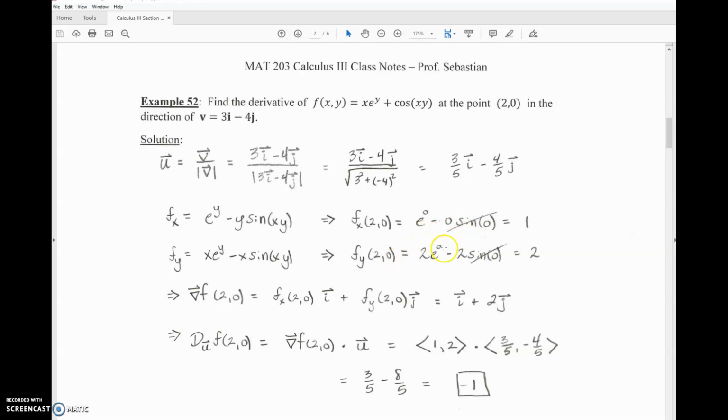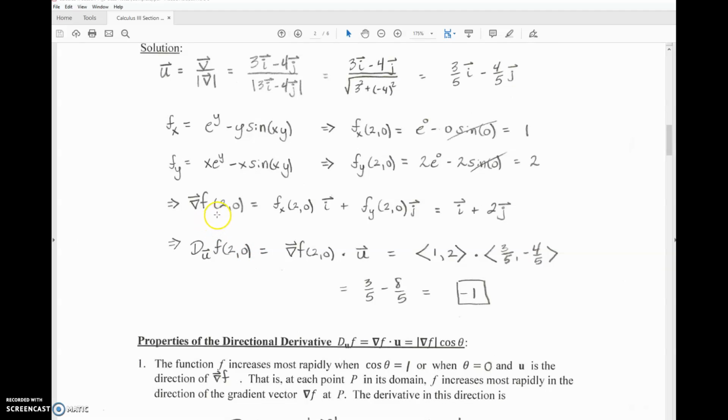And then 2e to the 0, which is 2, minus 2 times 0, so that's 0. So the partial of f with respect to x at the point 2, 0 is 1, and the partial of f with respect to y at the point 2, 0 is 2. So the gradient of f at 2, 0 is 1, 2, so it's 1i plus 2j.